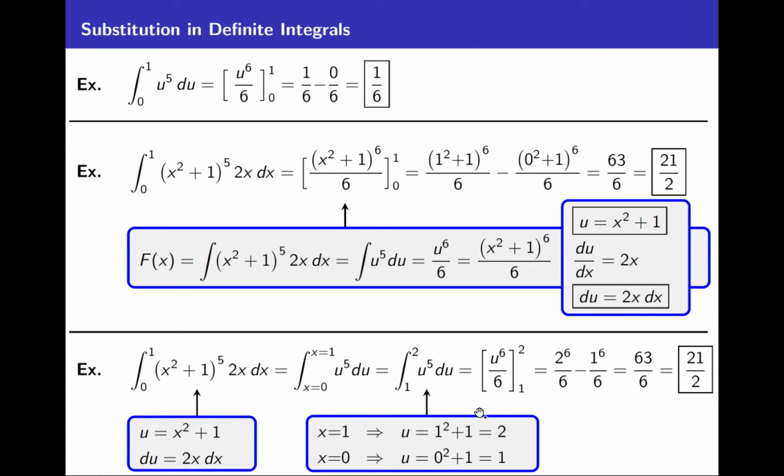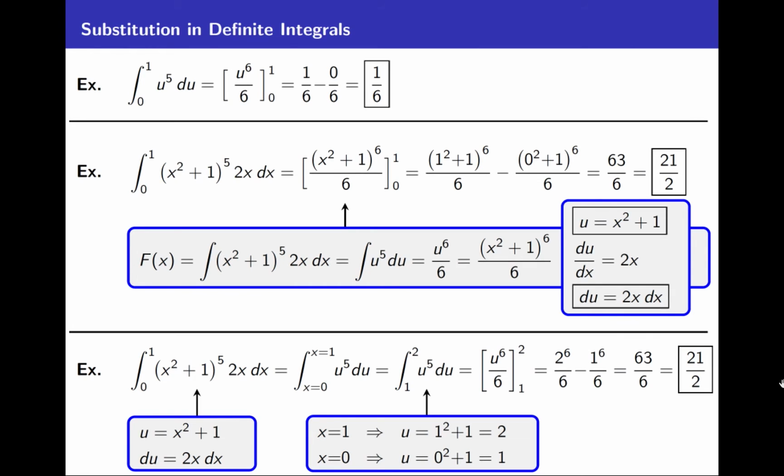However, you have to be really careful to change your limits of integration from the original variable x to the new variable u. You have to make that conversion of those limits of integration using the choice of substitution that you made in the first step.